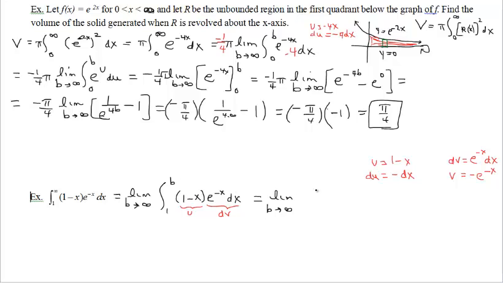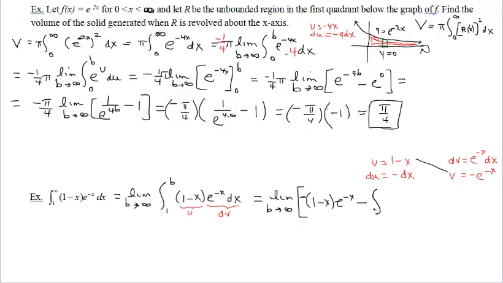Okay, so thinking about what that looks like, I'm going to lose the integral symbol, and I'm thinking about ultraviolet voodoo. So ultraviolet, u times v. So 1 minus x times this v. So that's a negative. I think I'm going to manage the negative right here and keep the e to the negative x back here as this factor.